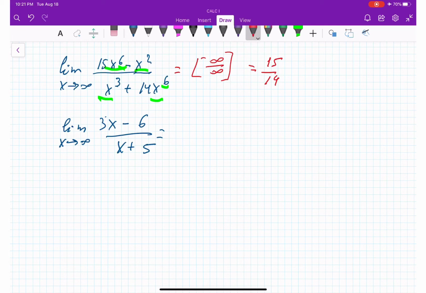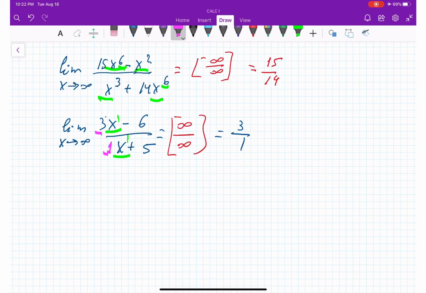Yes, because 3 times infinity minus 6 is infinity, and infinity plus 5 is infinity. So what do we have here? The highest degree is 1 in both. So the limit is going to be 3 over 1, because here you have 3 and here you have only 1.